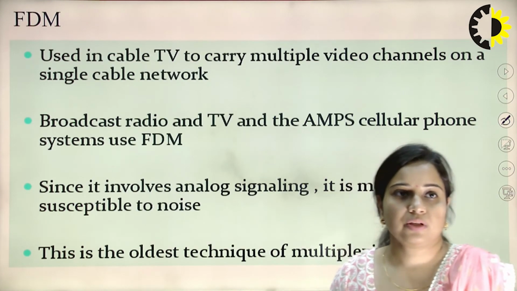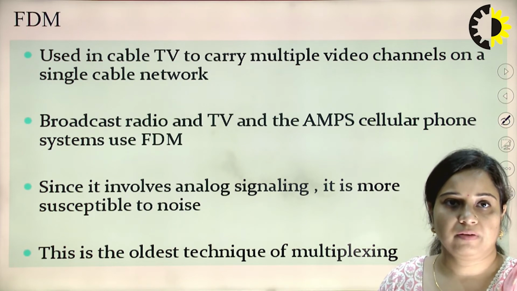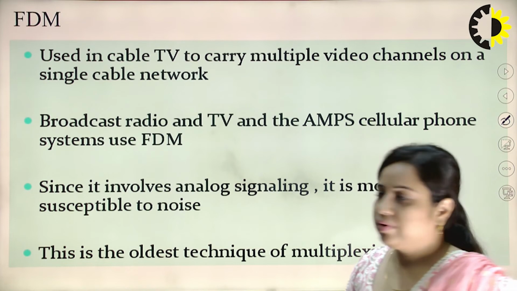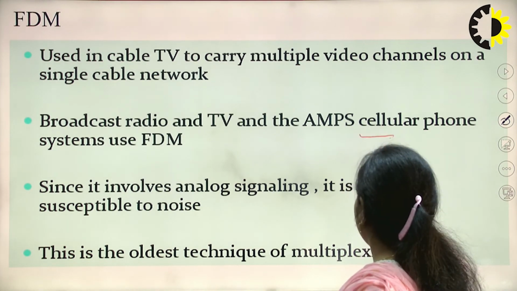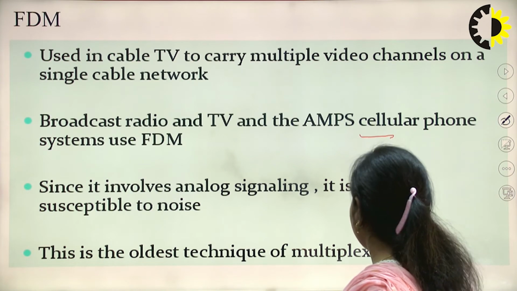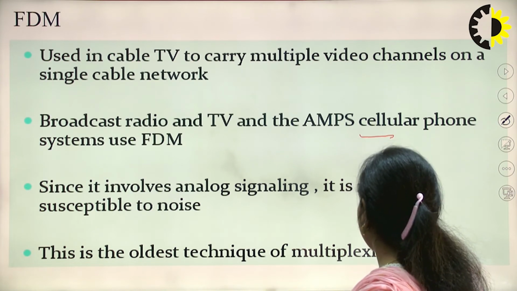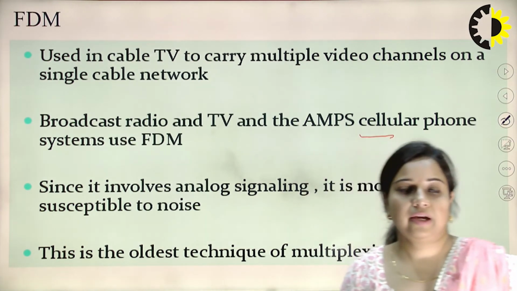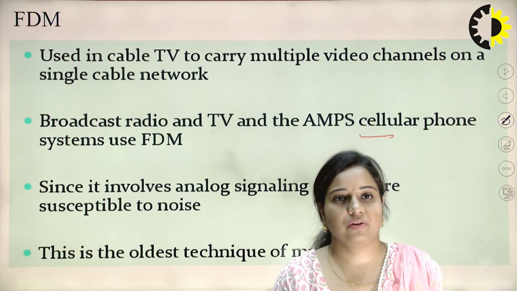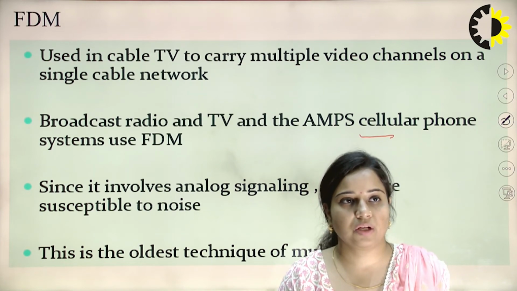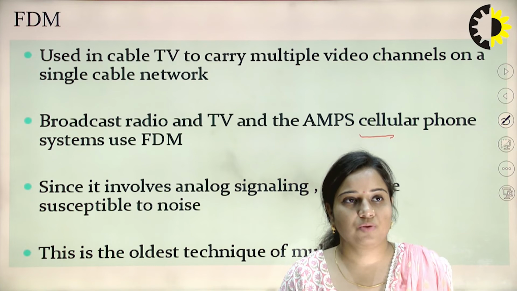Now it is used in cable TV to carry multiple video channels on a single cable network, broadcast radio and TV, and AMPS, that is 1G, first generation wireless communication cellular phone systems, use FDM. So initially FDM is used by the first generation, and second generation, that is GSM, uses less of FDM, it is using more of TDM.